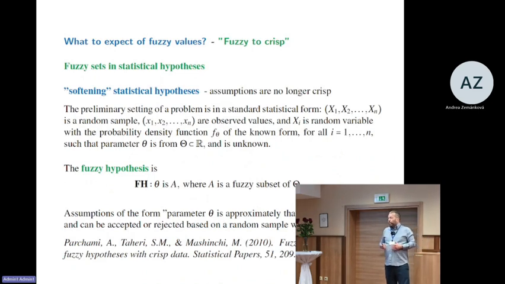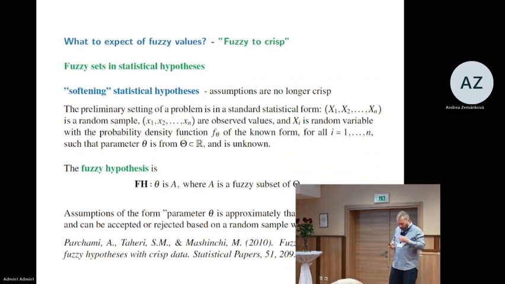What is also interesting here, if we have crisp data, we can make a hypothesis that actually has a fuzzy premise. So we see here one fuzzy hypothesis, when we say the value of the parameter ni is A, where A is actually a fuzzy subset, usually we're talking about fuzzy numbers, of omega.